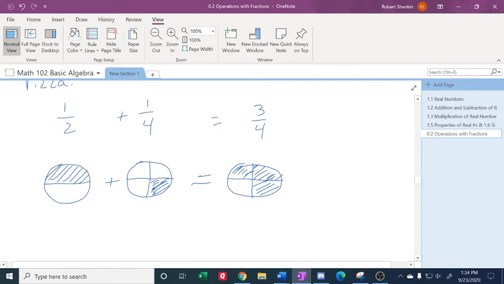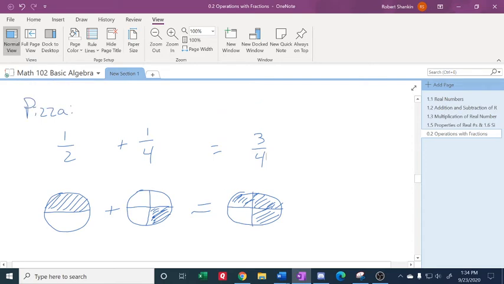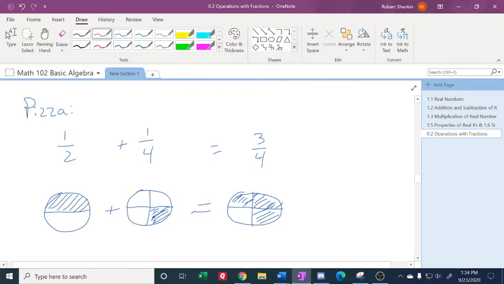And we look at this and we start to make some sense out of why it is that when we add fractions, we have to get common denominators. Let's look at what these two numbers mean right here.